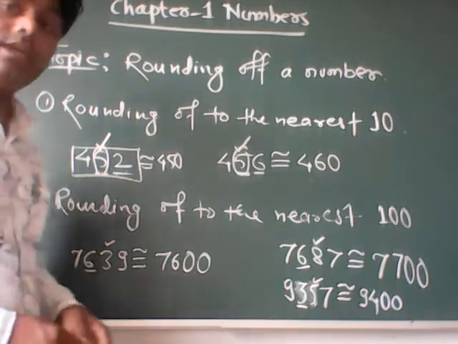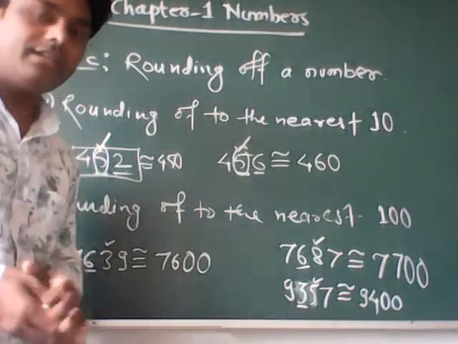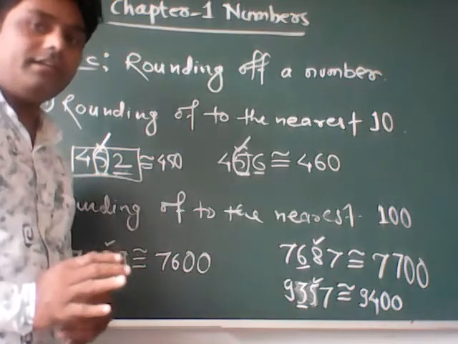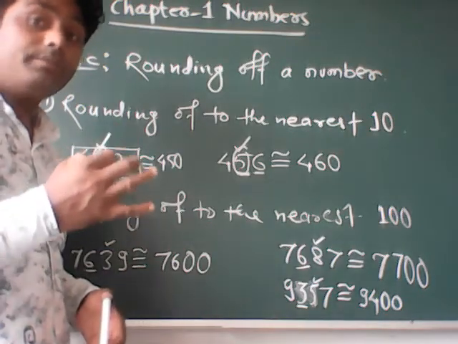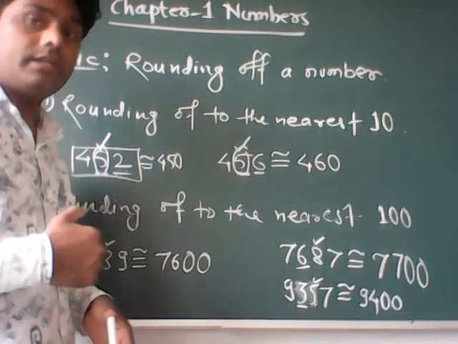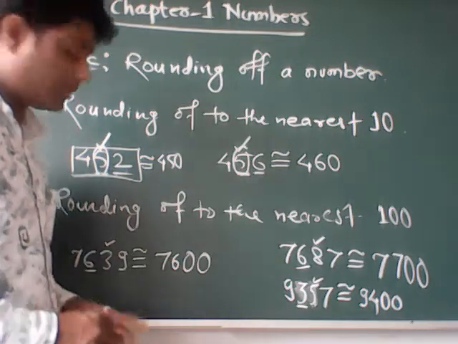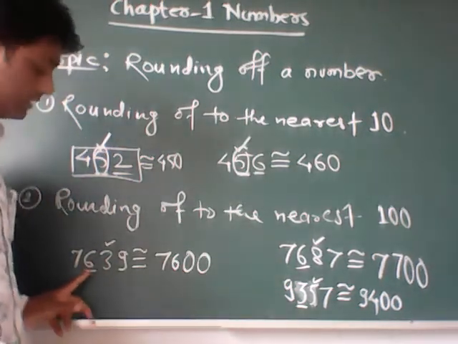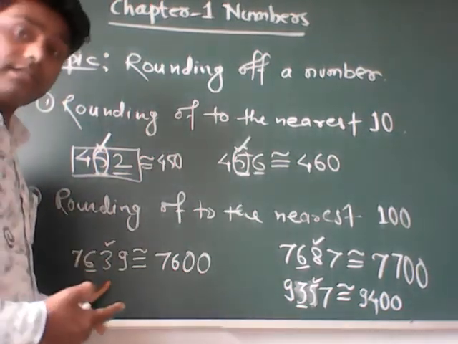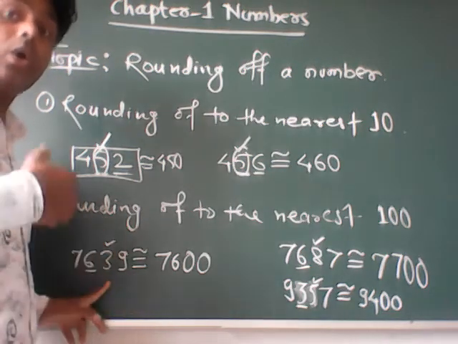I hope it's very easy to understand how to estimate the number, right? The only thing we have to keep in mind is that whatever place we have to estimate, we first underline it, and the next step is to check the next digit of the underlined digit, whether it is 5, greater than 5, or less than 5.